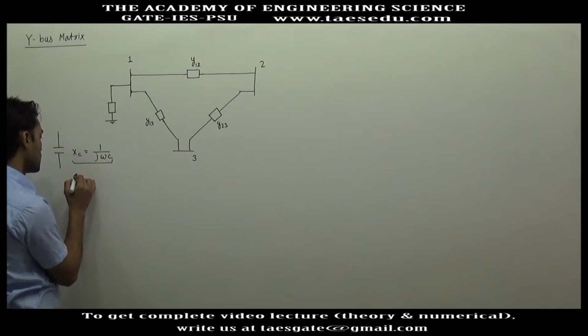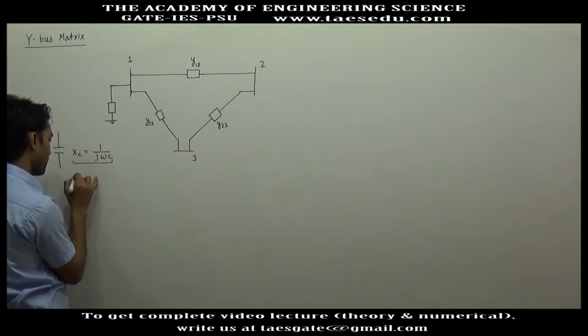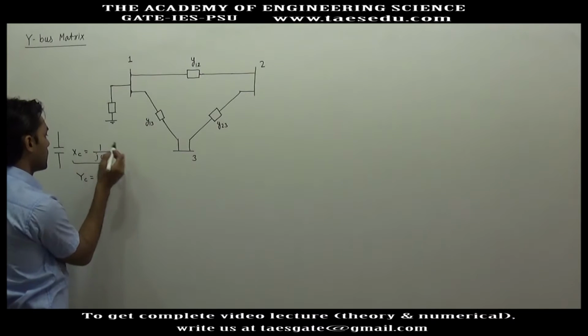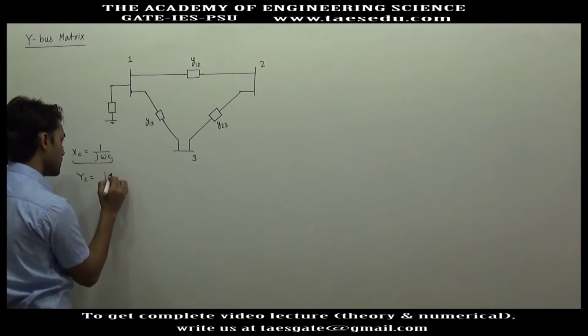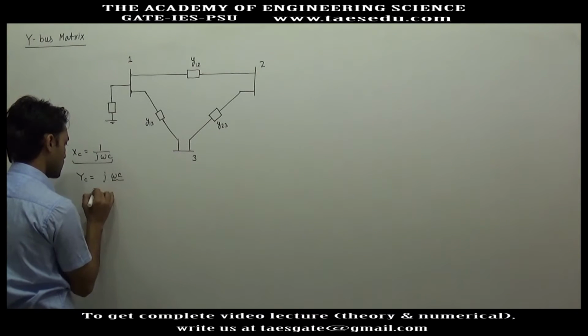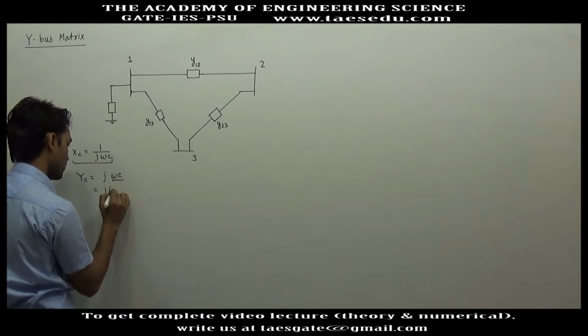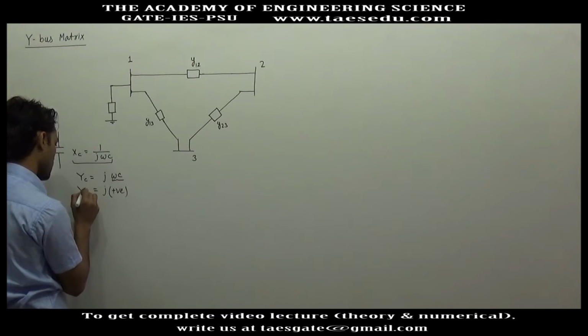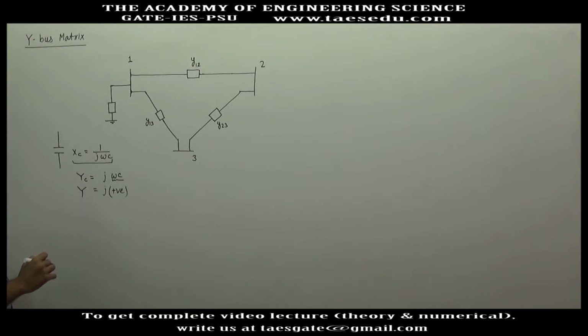What will be the admittance? The admittance of a capacitor, if you take the inverse of it, you will get j omega C, and omega C is positive, so you will get j times a positive quantity as the admittance of a capacitor.